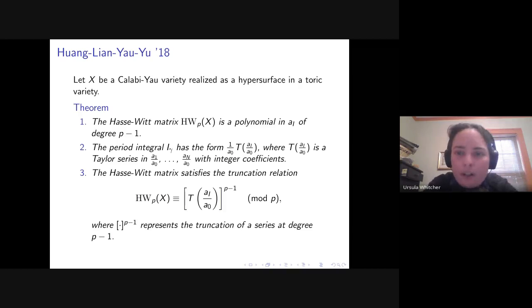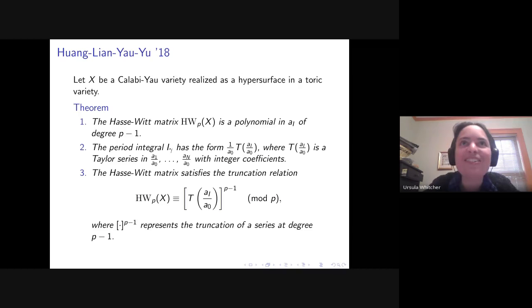So the Hasse-Witt matrix is a polynomial in our hypersurface variables of degree p minus 1. We can write down the period integral in terms of a Taylor series given by our polynomial information. And the Hasse-Witt matrix is going to satisfy a truncation relationship. That's just a truncation of this Taylor series at an appropriate degree. So if you have information in general about your hypersurface, you know everything about the Hasse-Witt matrix.